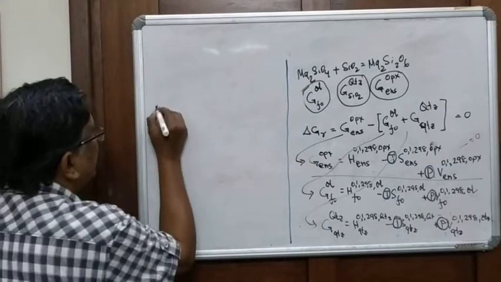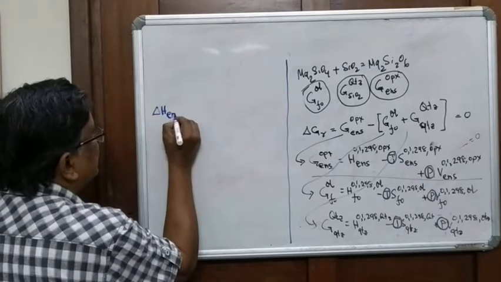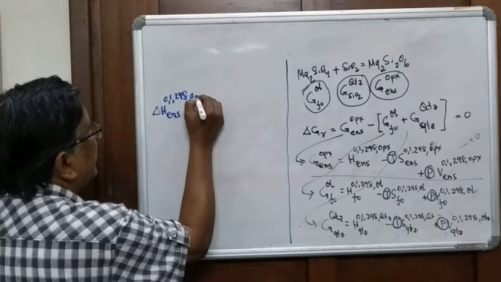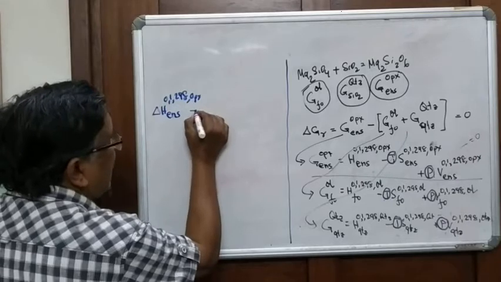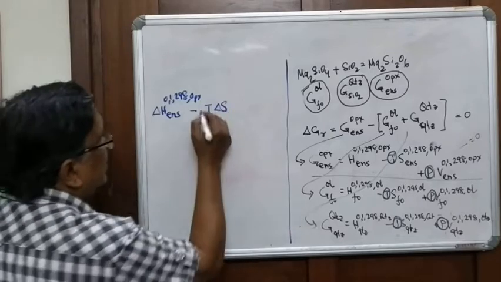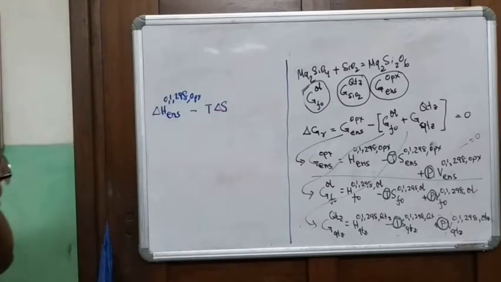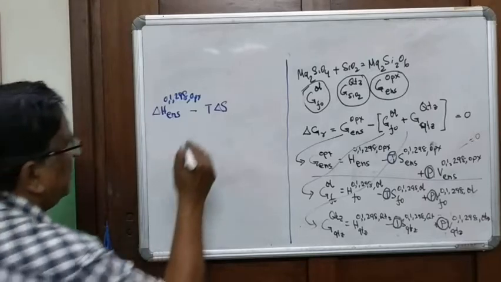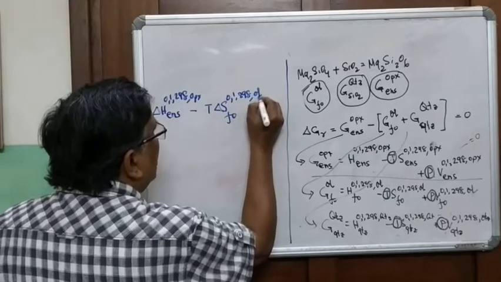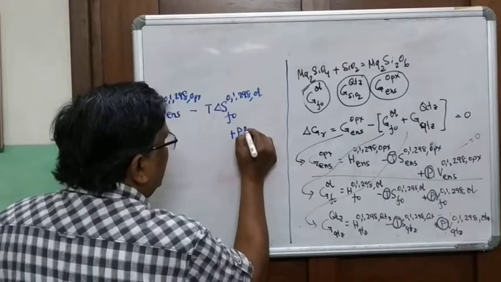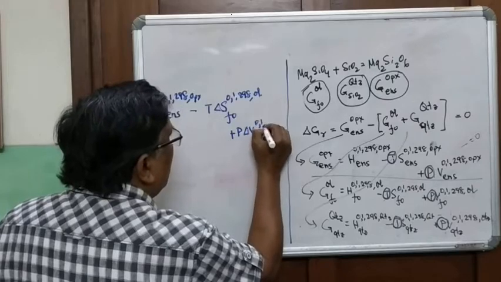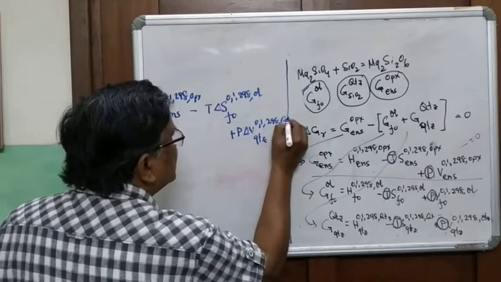what we can write is delta H of enstatite 0, 1, 298 (OPX), minus T into delta S of forsterite 0, 1, 298 (olivine), plus P into delta V of quartz 0, 1, 298 (quartz).